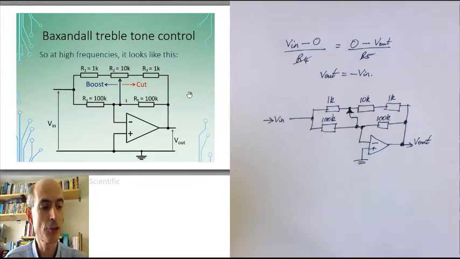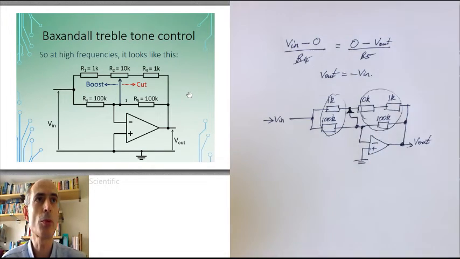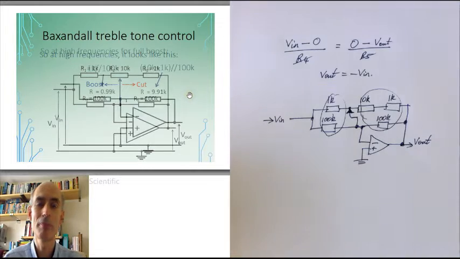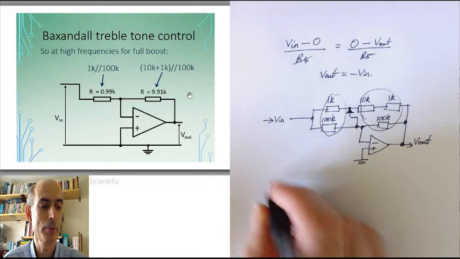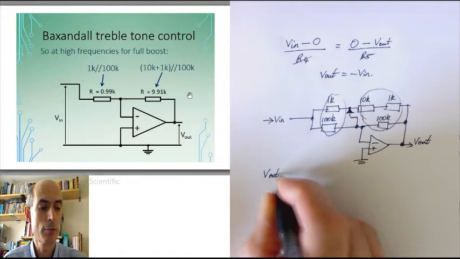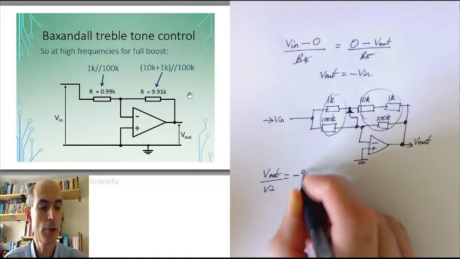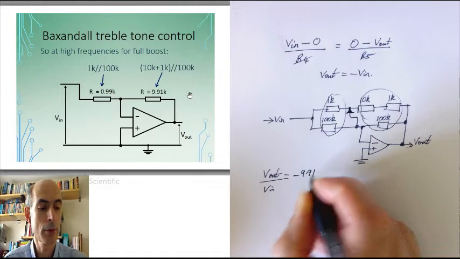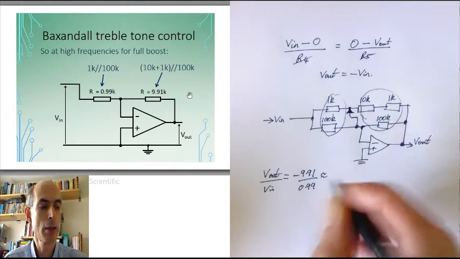So I could replace this resistor network and this resistor network just with their equivalent resistance, and that would produce this. And this is a standard inverting amplifier with a gain Vout over Vin of minus 9.91 over 0.99, approximately minus 10.